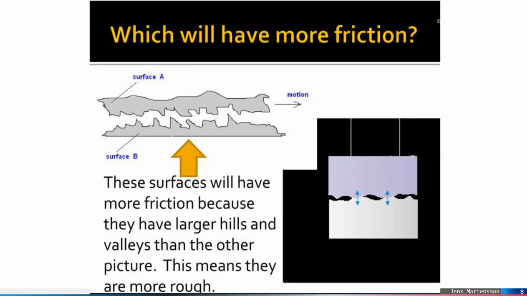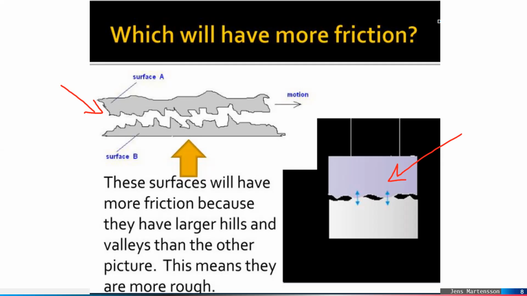But which will have more friction? This picture that is between the wood and the table, or between these two surfaces? Which one has more friction?